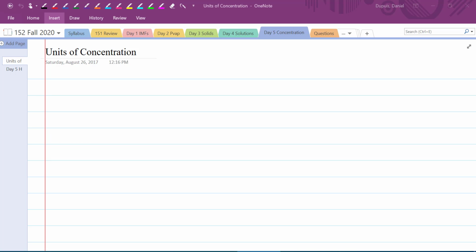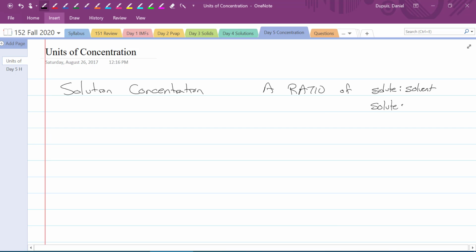So today we're going to talk about the units of concentration. For our purposes, it's going to be solution concentration. And remember that it is a ratio, a ratio of solute to solvent, or solute to volume.